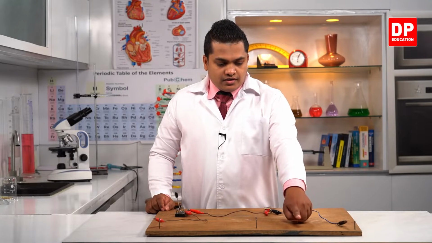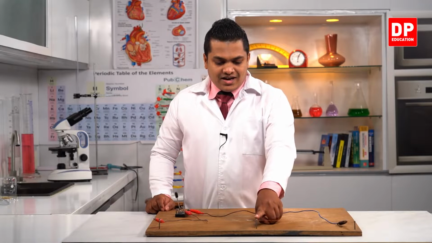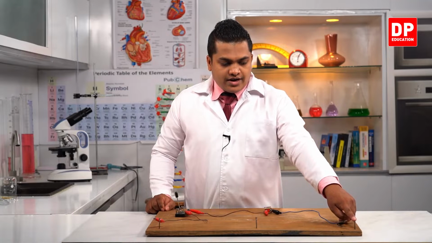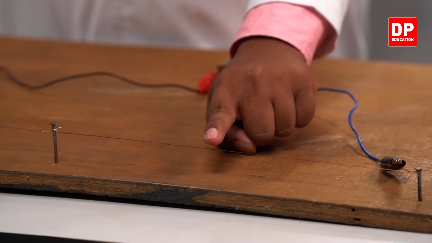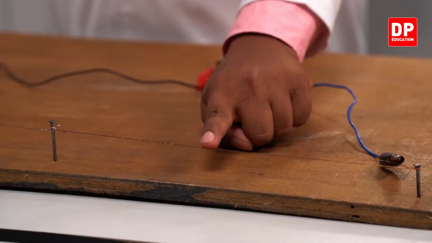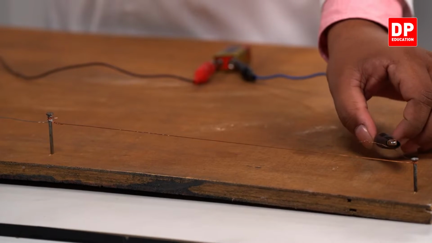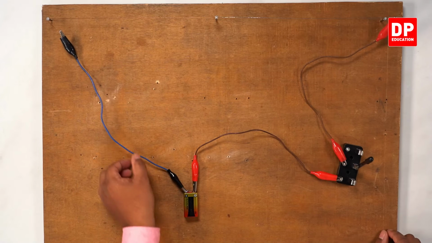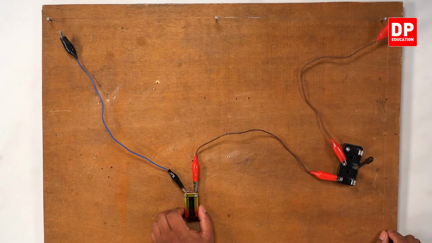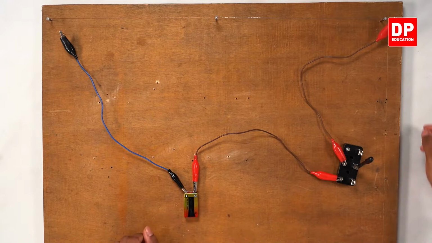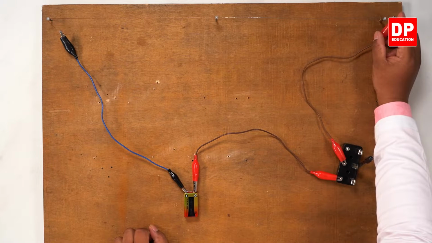And this one, which runs through the second iron nail and the third iron nail over here, is a copper string. These are connected to a 9-volt dry cell which runs through a switch and comes to the nichrome coil once again.